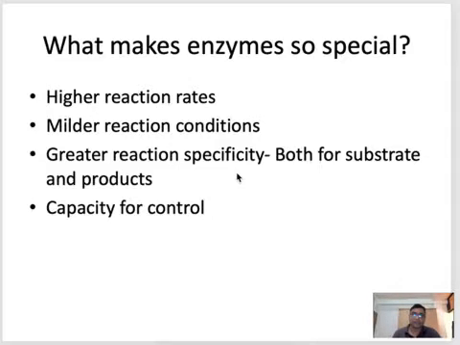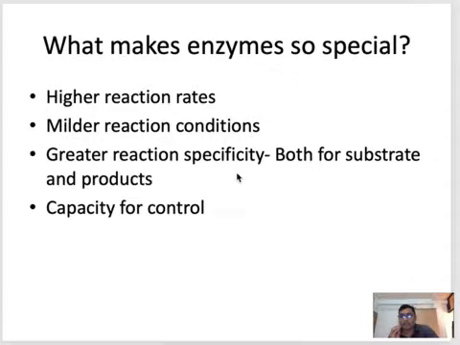And then we can make the reactions occur at milder reaction conditions, for example at lower temperature. Sometimes one reaction requires high temperature, but using an enzyme we can lower this temperature. I mean, at low temperature the reaction can occur in the presence of the enzyme.